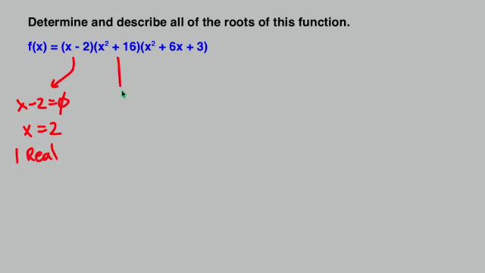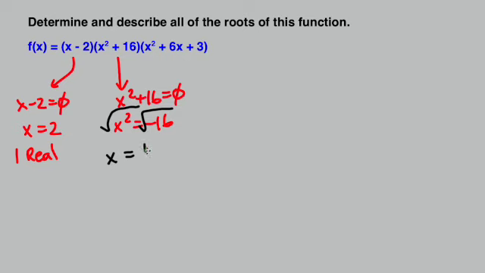If we take the second one and set it equal to 0, we get x squared plus 16 equals 0. When we subtract 16 on both sides, we get x squared equals negative 16. Now when we square root both sides, we get x equals, well, what is the square root of negative 16? That is an imaginary number.